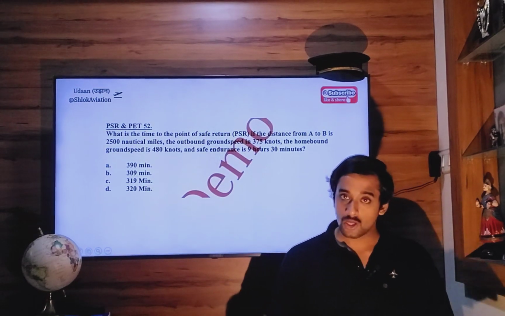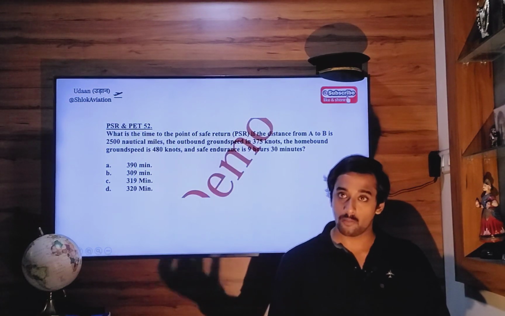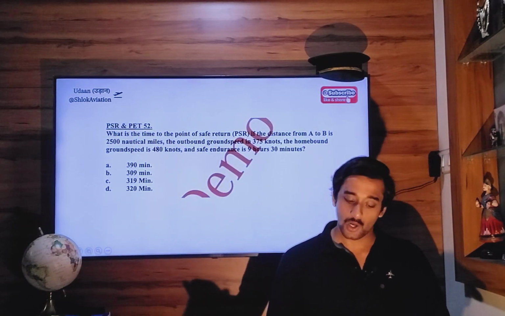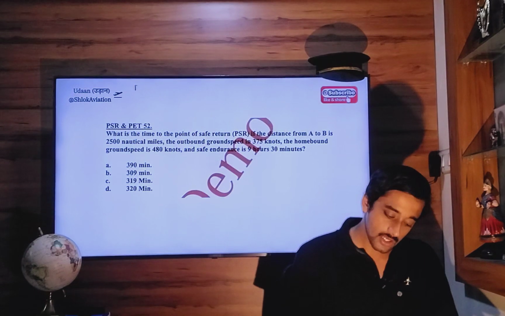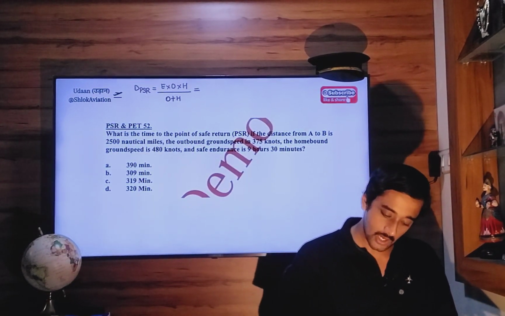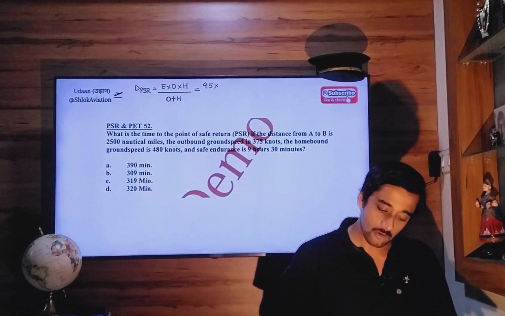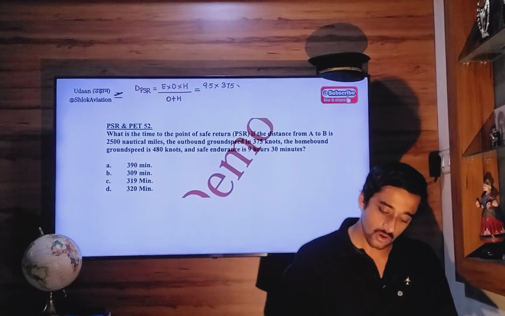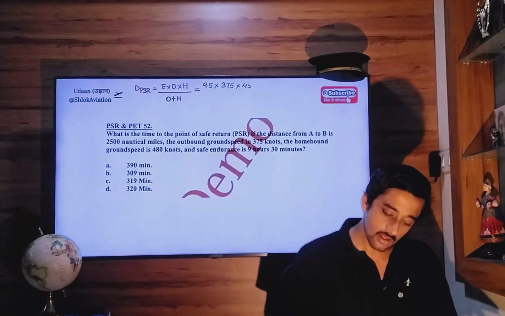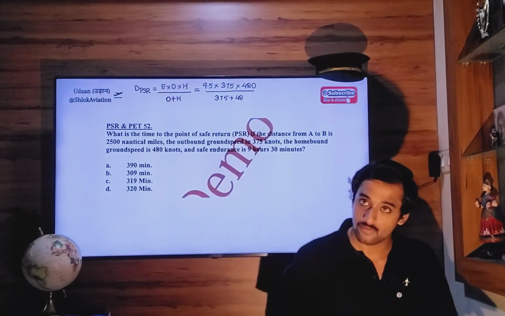52. What is the time to the point of safe return if outbound speed is 375, homebound speed is 480, endurance is 9 hours 30 minutes? So let's find distance first. Distance is endurance into outbound into homebound divided by outbound plus homebound. So endurance is how much? 9 hours 30 minutes, so 9.5. Outbound speed 375, homebound speed 480 divided by 375 plus 480.